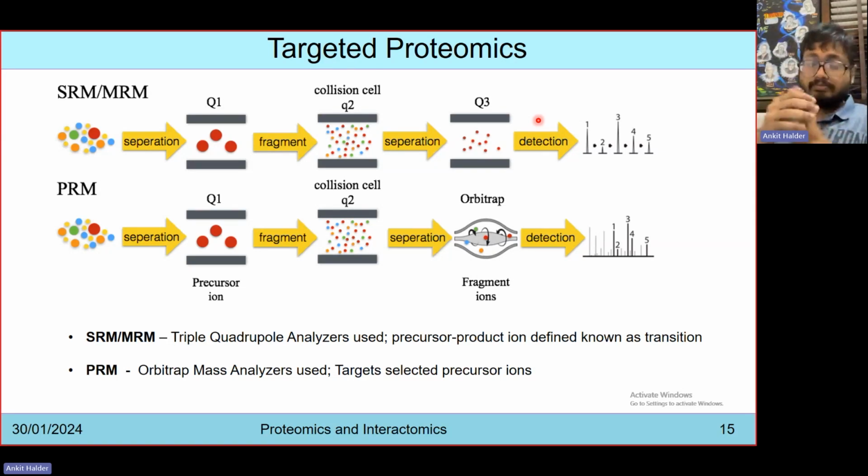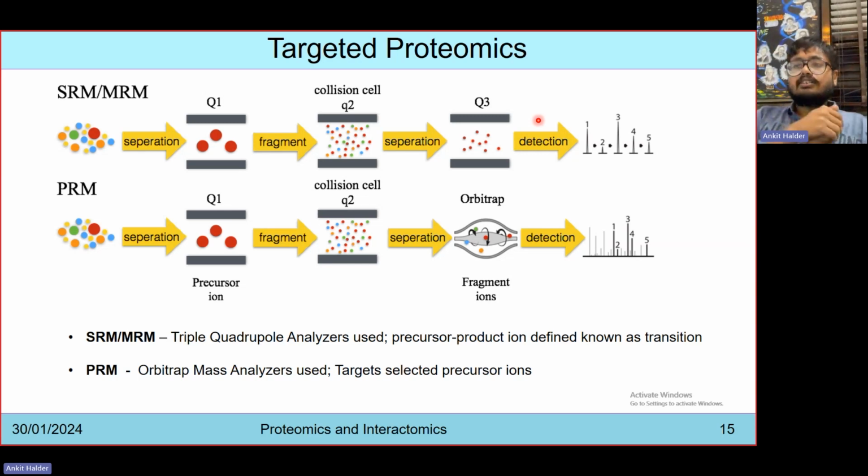Now in targeted proteomics also, we can select those particular peptides of those particular proteins which need to be validated, which are coming as a differential regulation in whatever comparison we are doing. This can be done mostly in two ways: selected reaction monitoring or multiple reaction monitoring, or the parallel reaction monitoring.